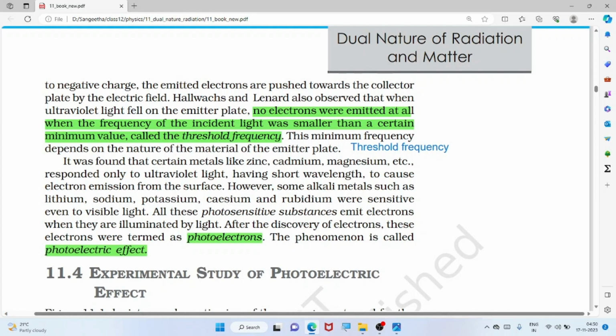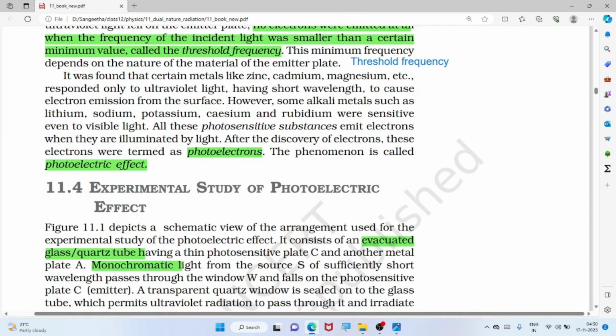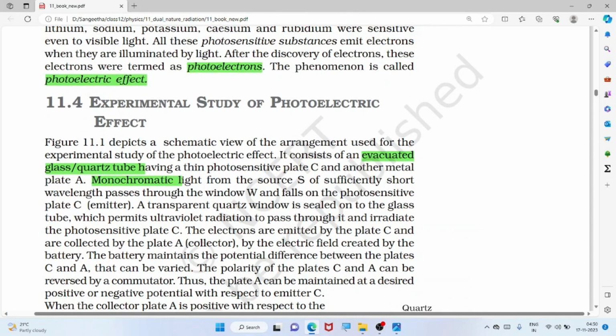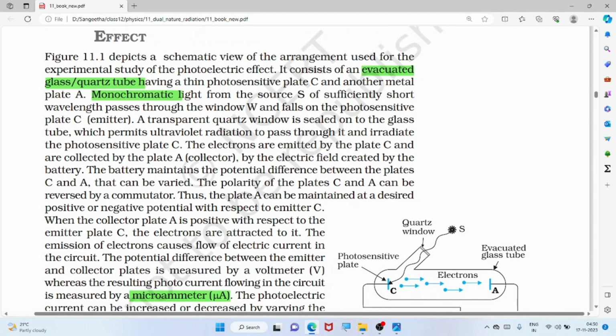No electron is emitted when the frequency of the light is smaller than the threshold frequency. I already told you, this is the threshold frequency. Below this frequency, no electron will be emitted. These electrons are called photoelectrons and the phenomenon is the photoelectric effect.